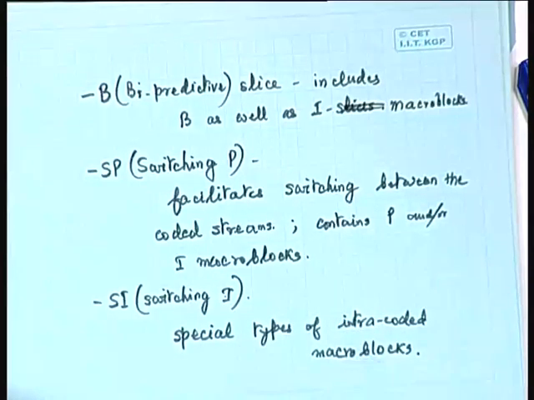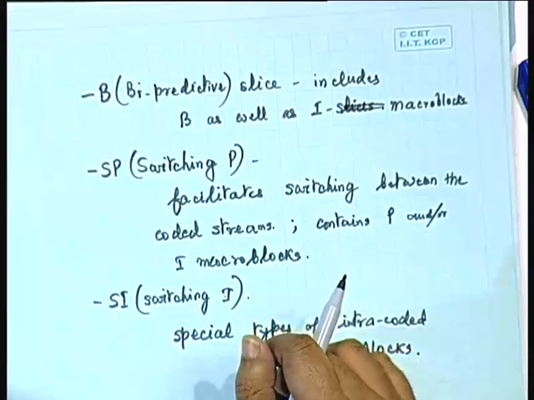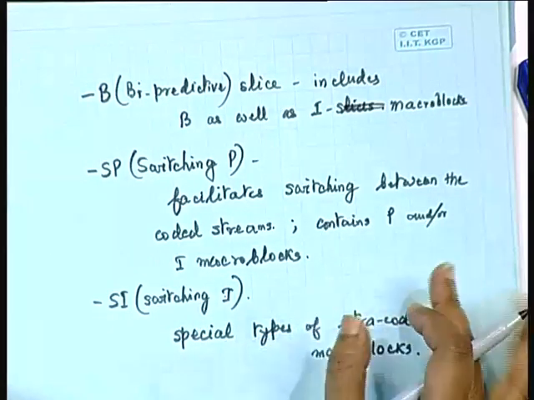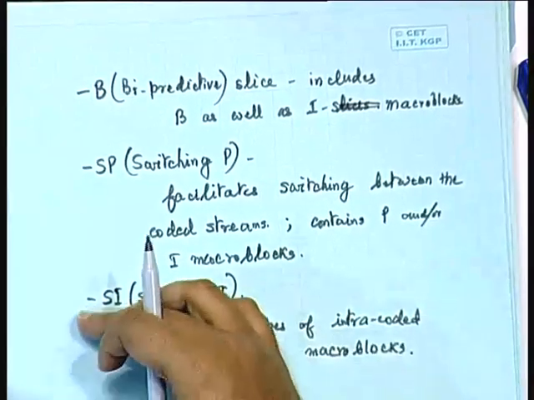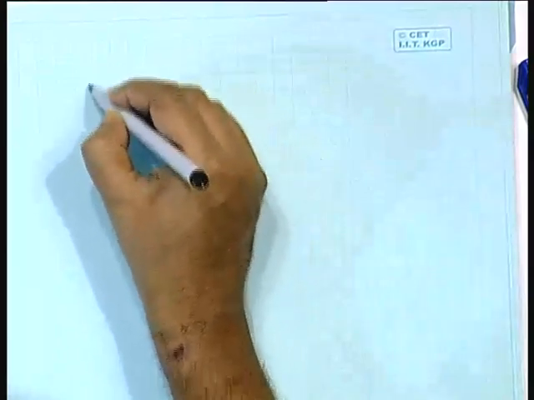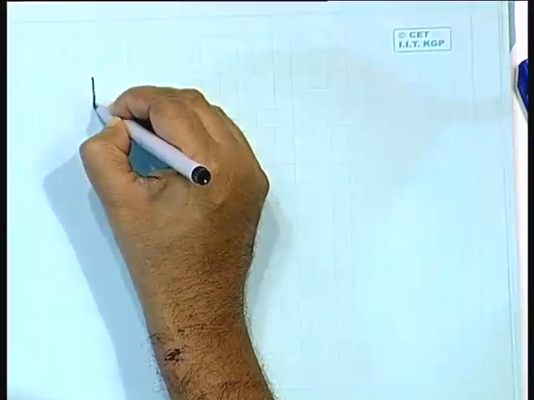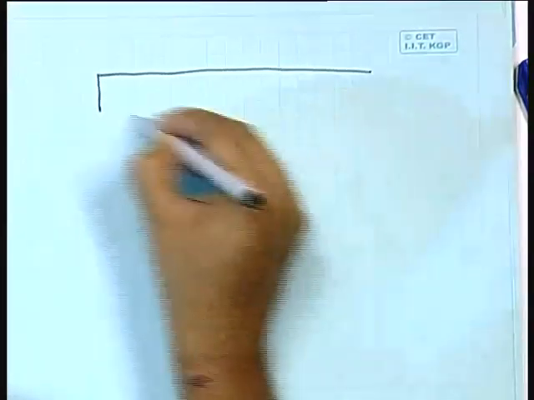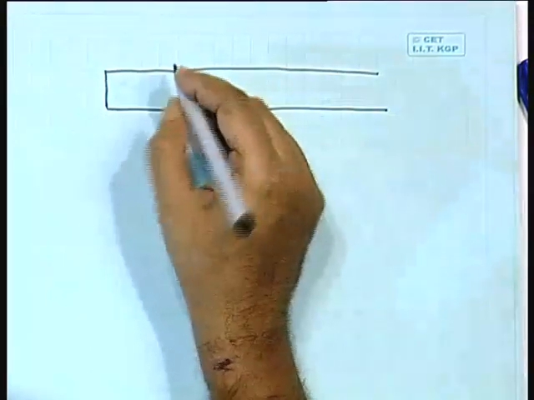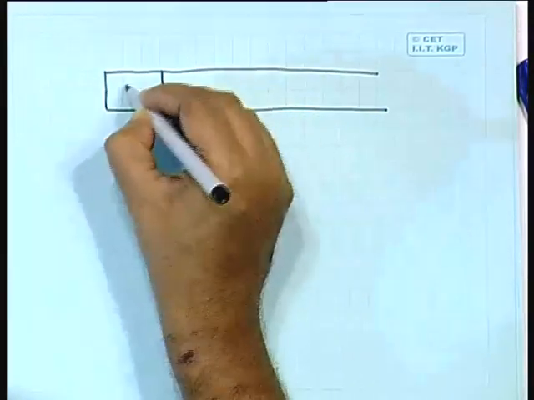Now, these I, P, B, SP, SI, these 5 are the different types of slices which are supported under H.264, and the slice syntax goes something like this, that for every slice we have a slice header at the beginning.